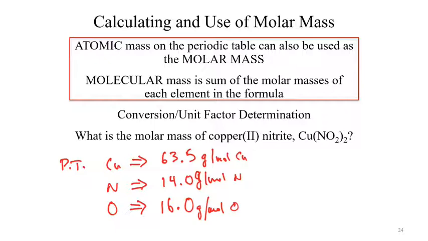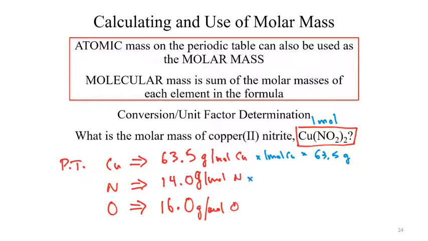When I look at that individual formula, because it's molar mass, I want to ask myself: if I have 1 mole of this substance, how many moles of copper would I have? Well, I'd have 1. So, times 1 mole of copper gets me 63.5 grams.